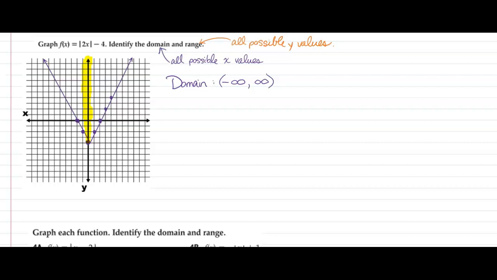And then I stop because there's no graph down here. This is when y is greater than or equal to -4. So to write my range, I'm going to start at -4. It can be -4. See, there's a point right here at -4. And then it goes on to +infinity. So that's how I find my domain and my range.